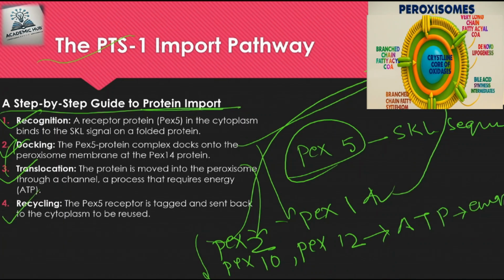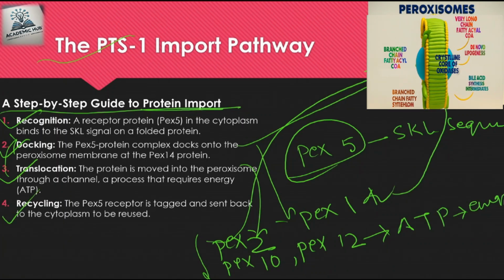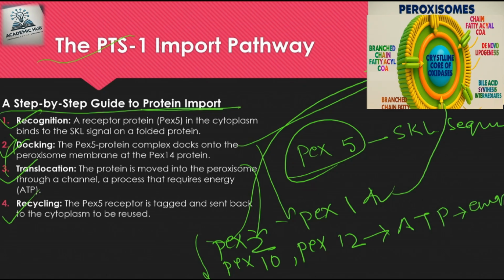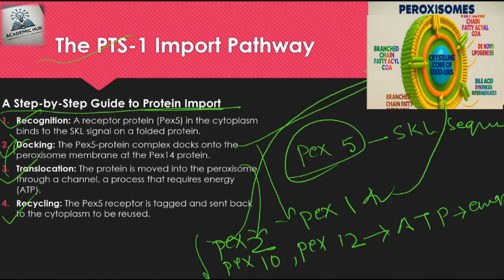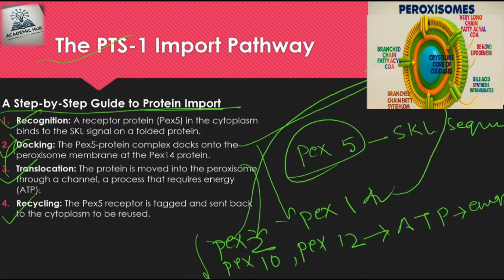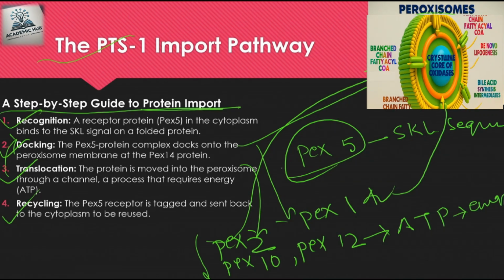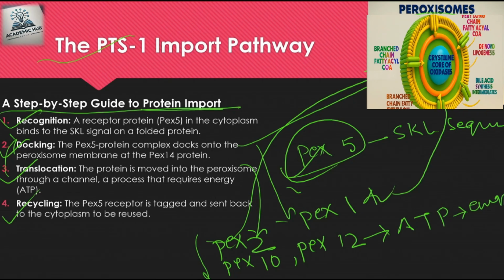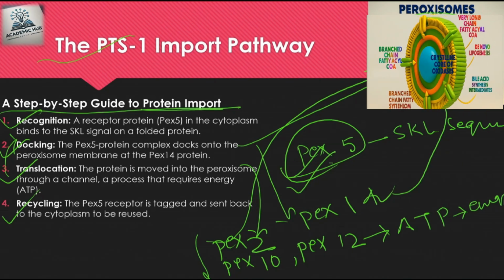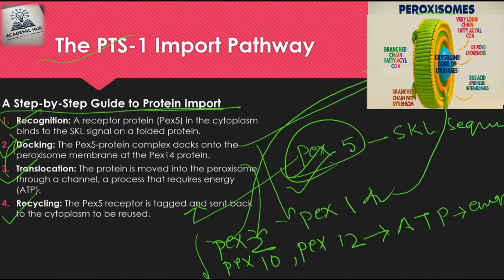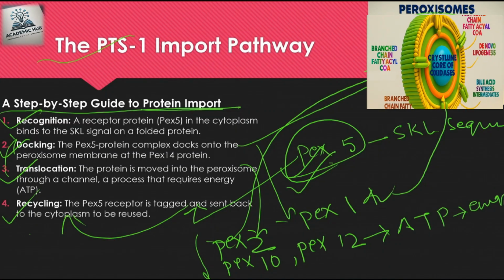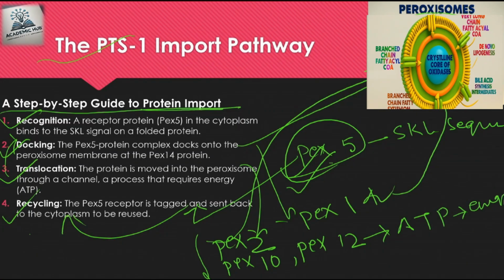Next is the recycling. PEX5 is tagged and sent back to the cytoplasm to be reused. How? Once the protein has been successfully delivered into the peroxisome, it is important for PEX5 to be sent back to the cytoplasm to facilitate the import of more proteins.